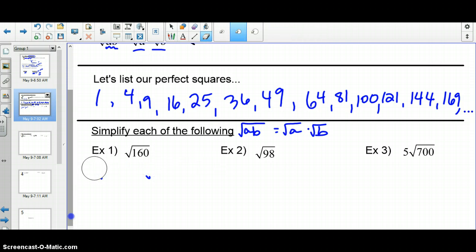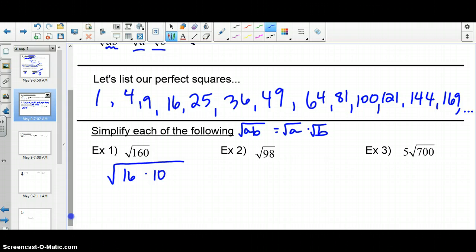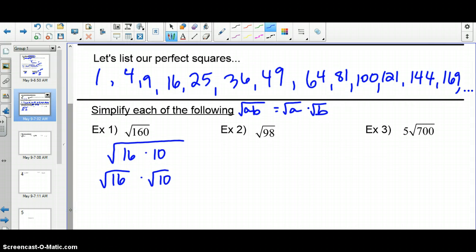So radical 160 is the same thing as radical 16 times 10. And so then I split this up: root 16 times root 10. It was very useful to do this because radical 16, you should just know that that is 4. So 4 root 10 is your simplified radical.